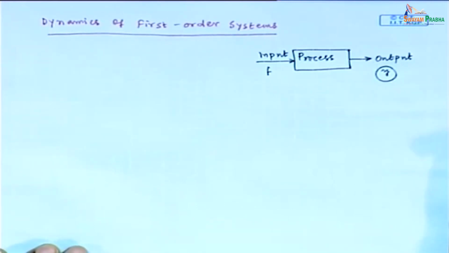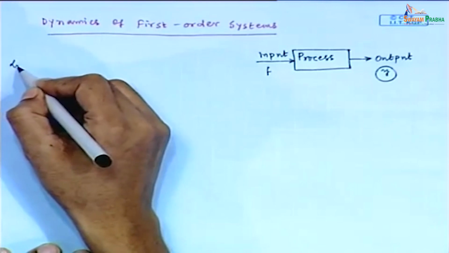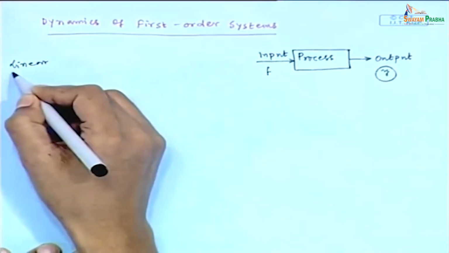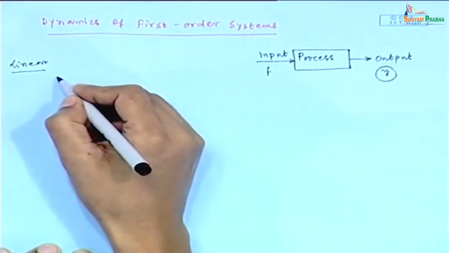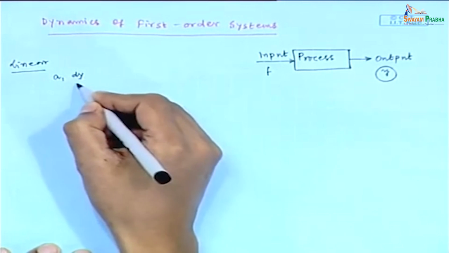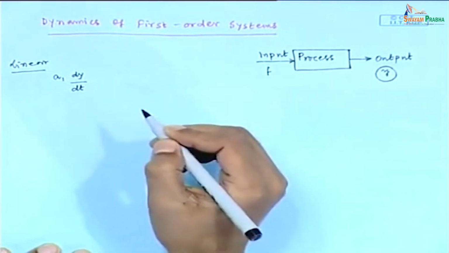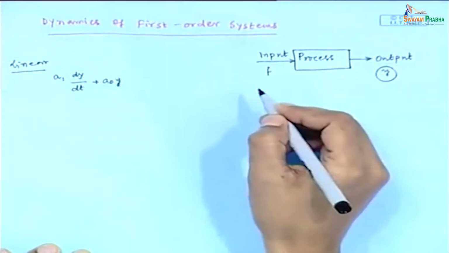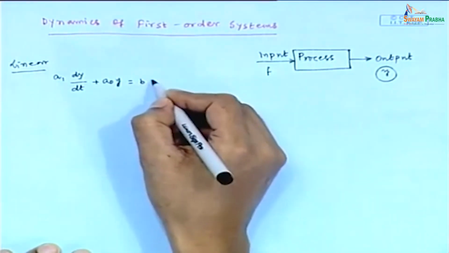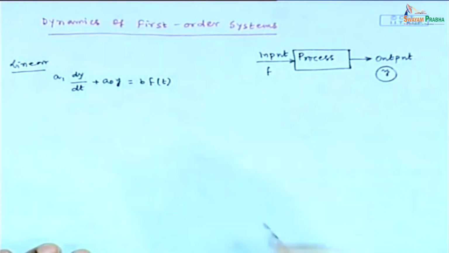Fine. Now, we will consider the linear case, or if a nonlinear equation exists, we need to linearize that equation. So, if we consider the linear case, then the first order differential equation we can write in this form: a1 dy/dt plus a0 y equal to b f(t).